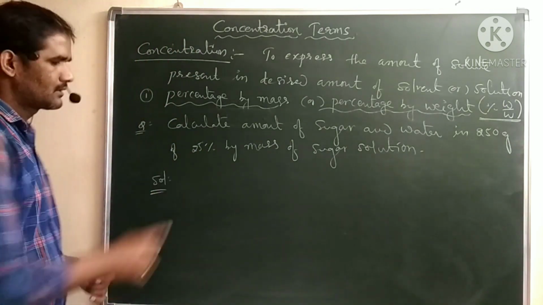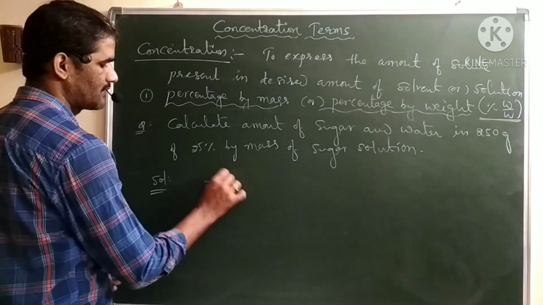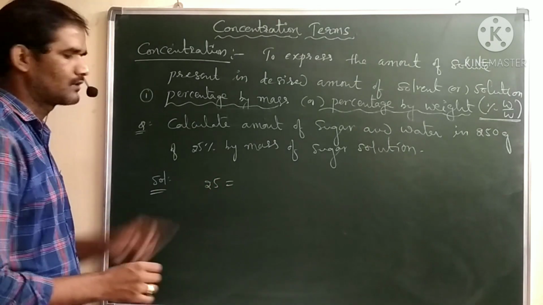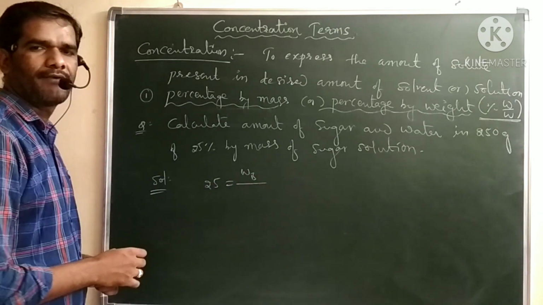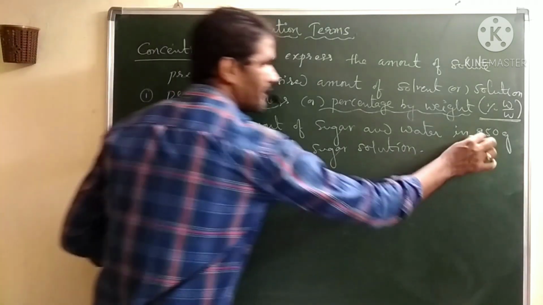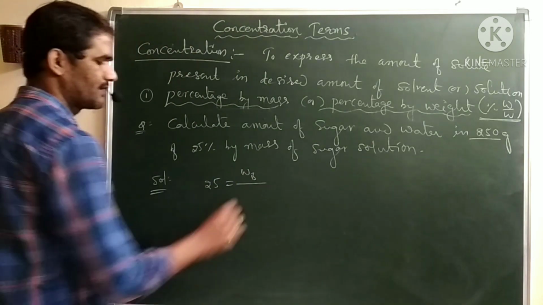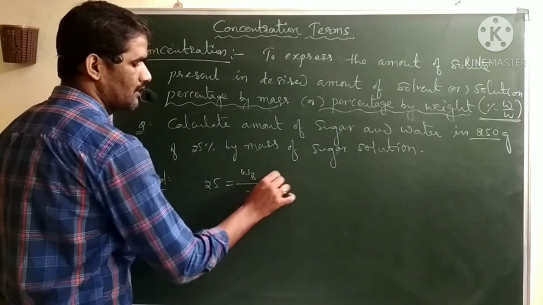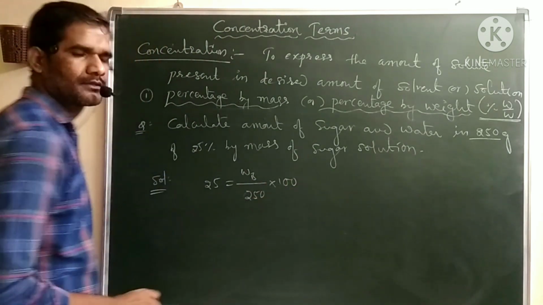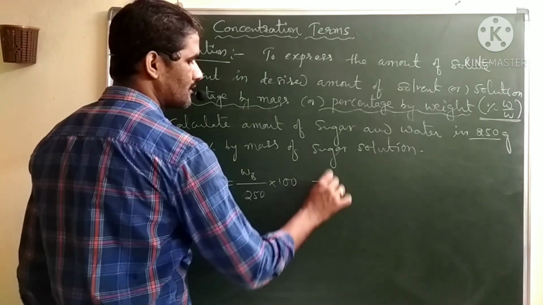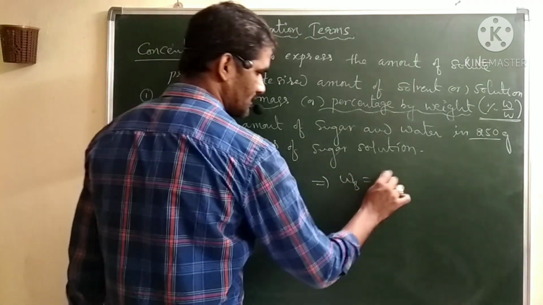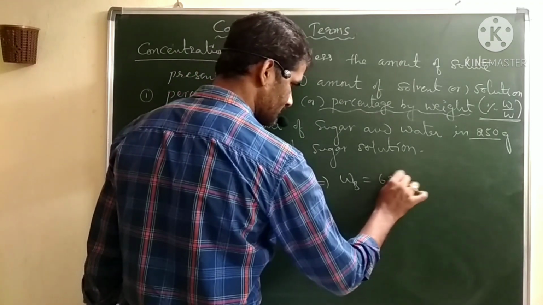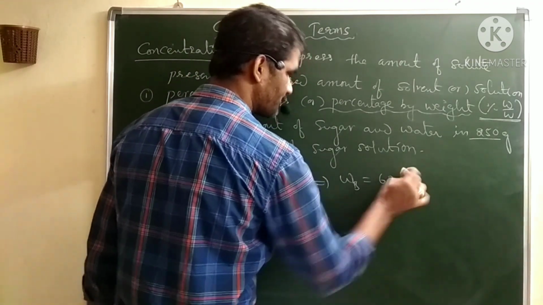So with the direct formula, the mass percentage is given, 25 is equal to the weight of solute by weight of solution. They give the total weight of the solution as 250 grams, into 100. From this we can calculate the weight of solute, which is 62.5 grams.